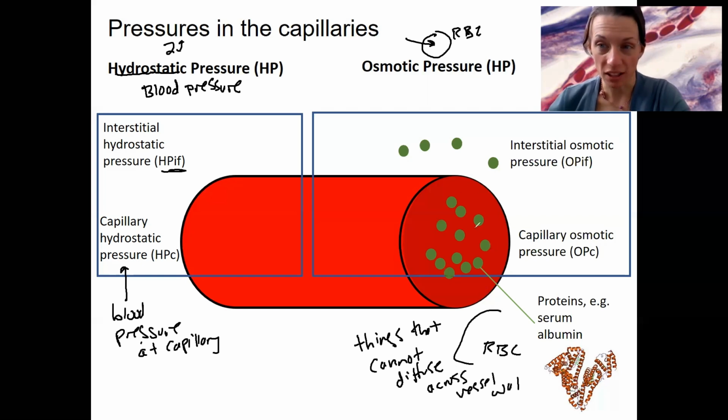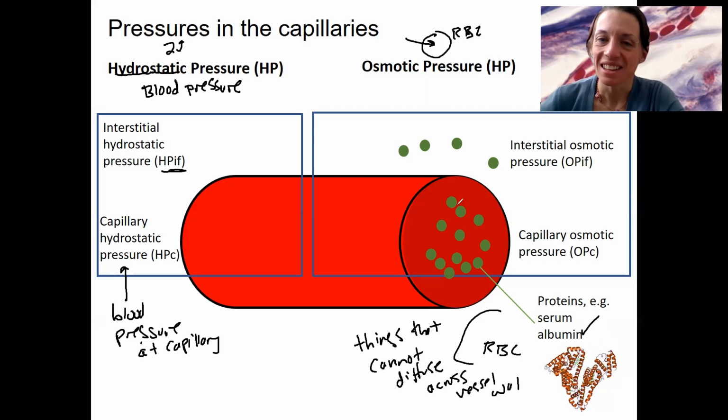So there's more of that stuff inside the capillary than there is in the interstitial fluid. That's what the green is showing. These are red blood cells, serum albumin. There's some stuff in the interstitial fluid. There's proteins out there. There's some cells floating around, but not as much as what's in the capillary. And a lot of that's like albumin, right? That was the major component of our plasma.